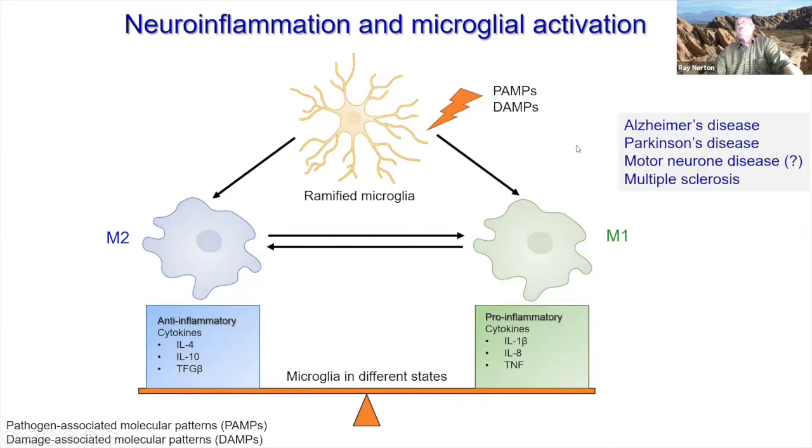And that is a hallmark of several neuroinflammatory conditions. For example, Alzheimer's, Parkinson's. The data for motor neuron disease are not as compelling yet, but we would also include in that multiple sclerosis, which has got peripheral as well as central aspects to it.